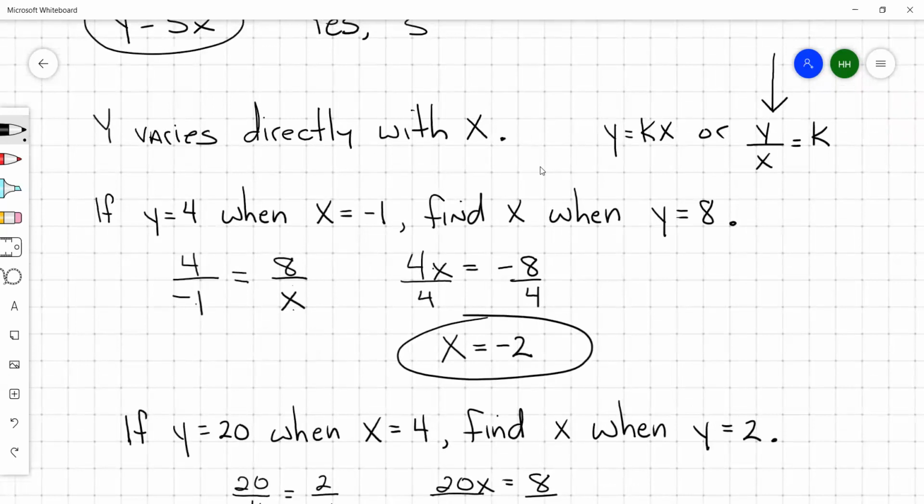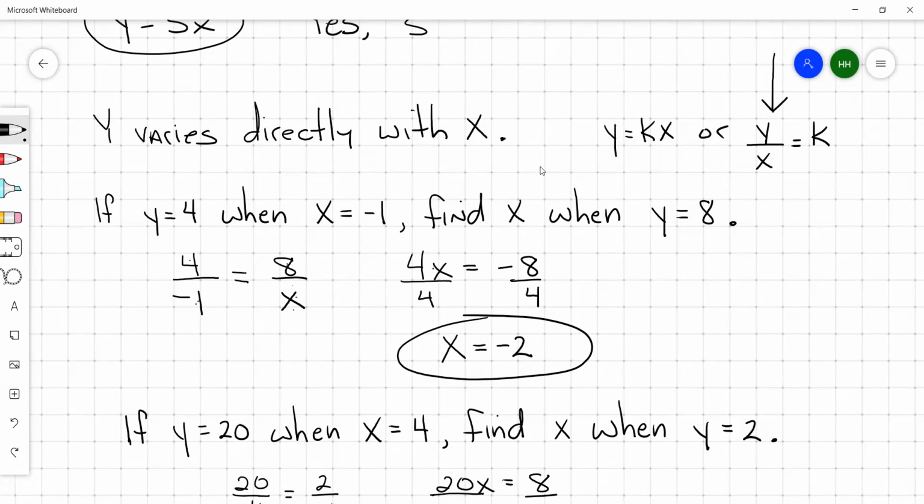Prior to this last example, you were asked if y varied directly with x, and you had to find out if it did. But in this case, you're being told that y varies directly with x. If you're being told that, you could use either of these formulas to find the missing variable. We decided to use the fraction, make y over x equal to y over x, and then crisscross multiply.